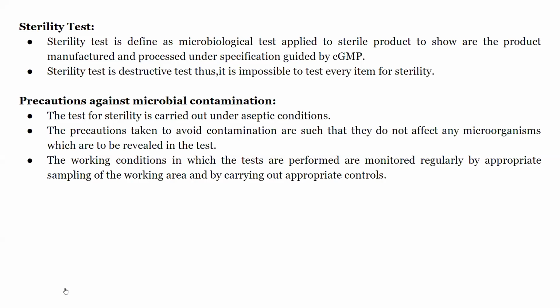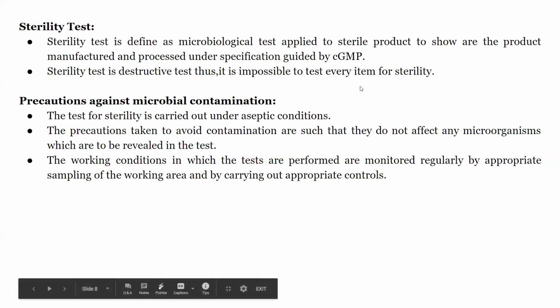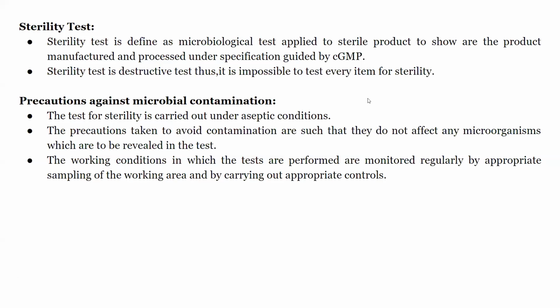So whatever samples you are taking for testing will be destroyed in the test. So sampling should be appropriate because those samples will represent the entire batch which is not actually tested. But we are assuming that since the samples are sterile, the batch is also sterile.